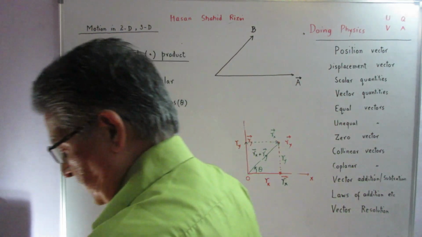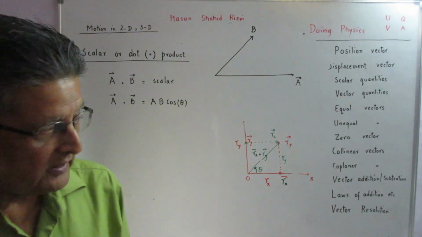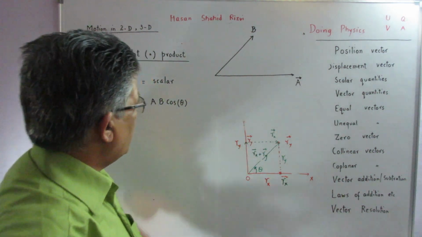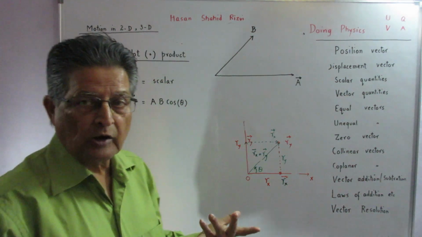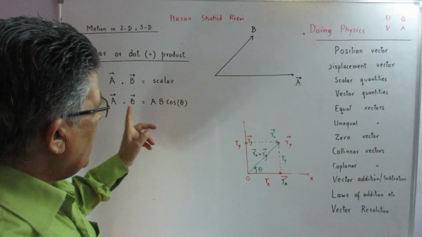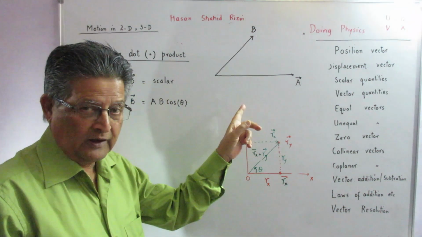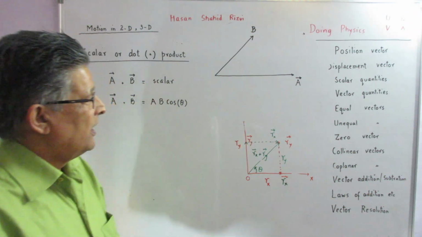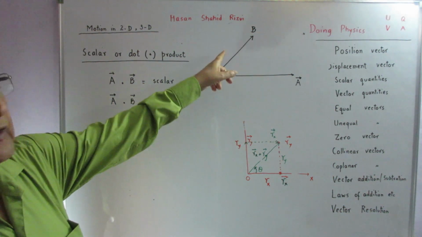Now one first question is, what families do the vectors A and B belong to? My answer to you is that A and B can be of the same family and they can be of different families.